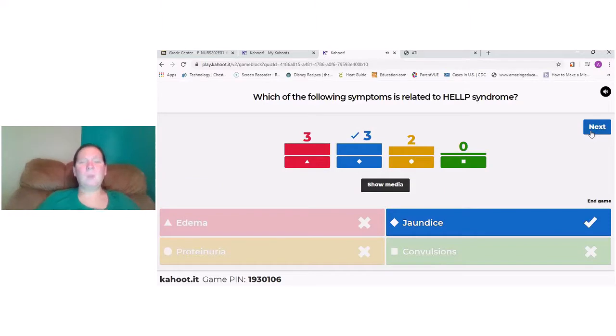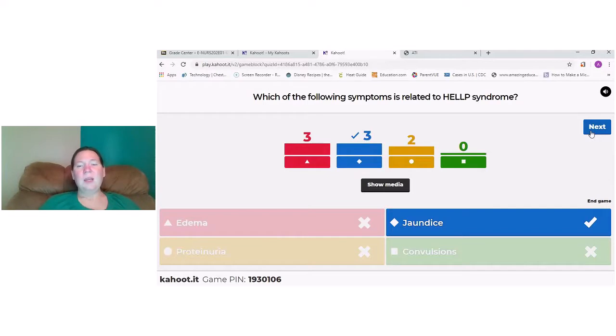Oh, jaundice. So when we're talking about preeclampsia, and for the night class, we're going to talk about this in more depth during class. So one of the secondary complications that you can get when you have preeclampsia is HELLP syndrome, which stands for hemolysis, elevated liver enzymes, and low platelets.